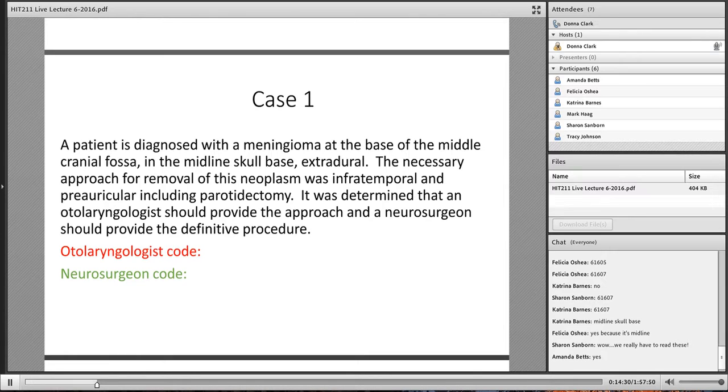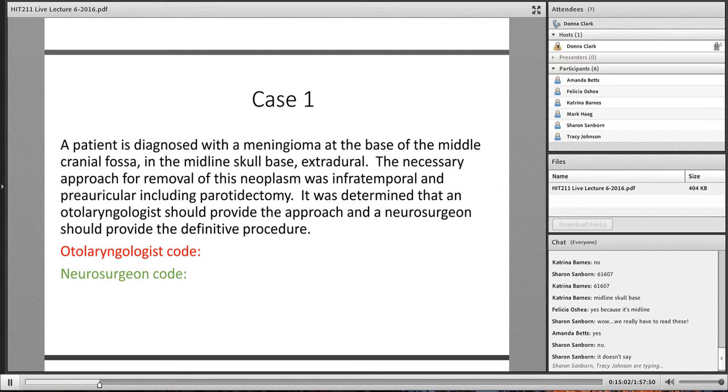Okay, so in this case, do we have any repairs going on? Because that's the third stage. That's right. There's no repairs. And that's what I was just mentioning to you, that even though it's three stages, you will always see the approach and the definitive procedure, but you may or may not have a repair.